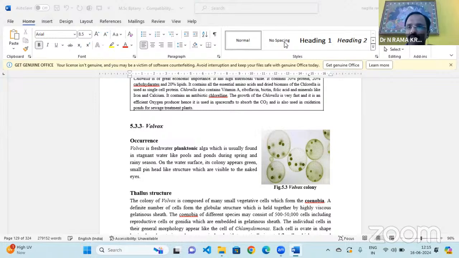You see once again, Chlamydomonas is a freshwater alga. This is a chlorophytic alga. The cell wall is made up of pectic and cellulose layers, an outer layer and an inner layer.